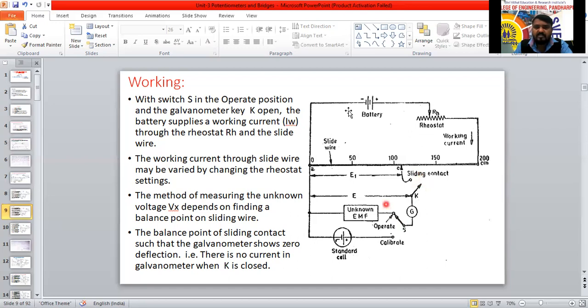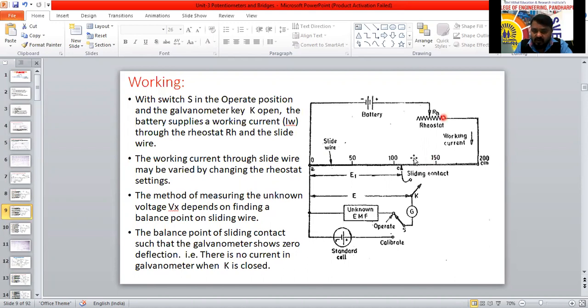The battery supplies a working current. I will switch on the battery and the current will start to flow. That current I will consider as IW, the working current, flowing through the rheostat RH and the slide wire. The working current through the slide wire may be varied by changing the rheostat setting.